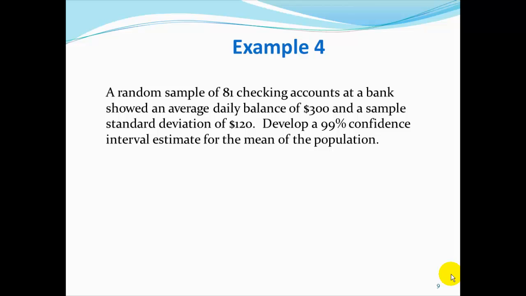For this problem, we have a large sample case with n being equal to 81. Sigma is not known. In fact, in this problem, they actually tell us that the standard deviation that they're providing is the sample standard deviation. So sigma is not known in this problem.